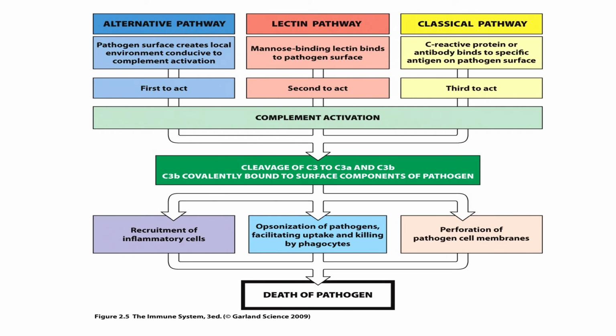After the complement activation is completed, the cleavage of C3 to C3a and C3b is covalently bound to surface components of that particular pathogen, and then goes through another 3 processes: recruitment of inflammatory cells, opsonization of pathogens, facilitating uptake and killing by phagocytes, and also perforation of the pathogen cell membrane.